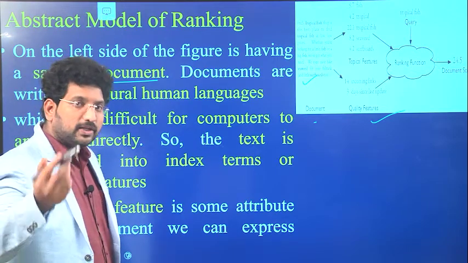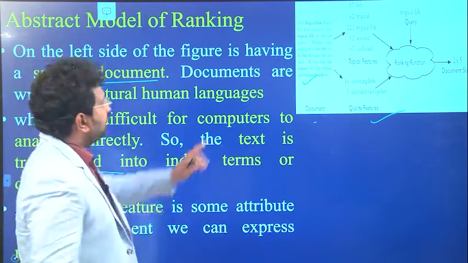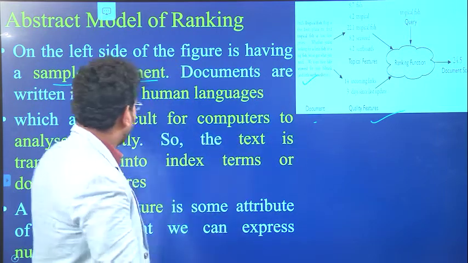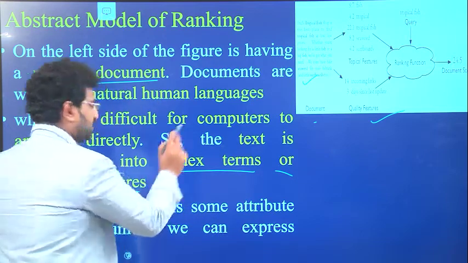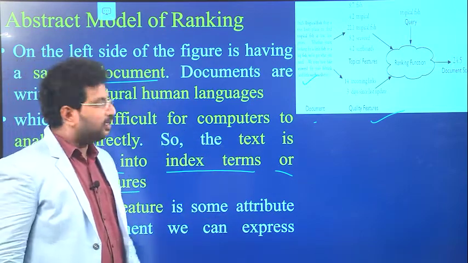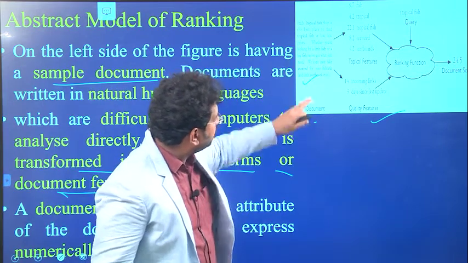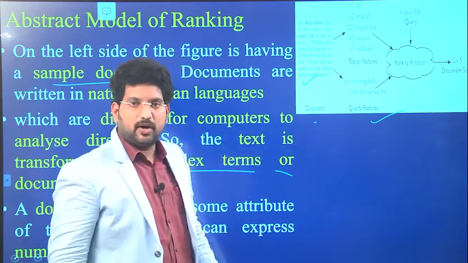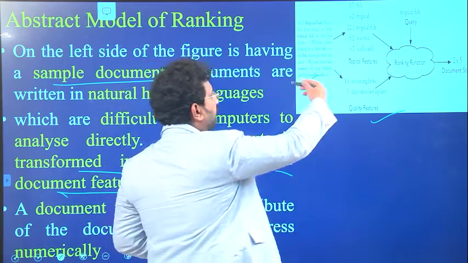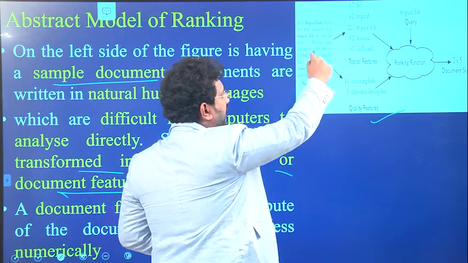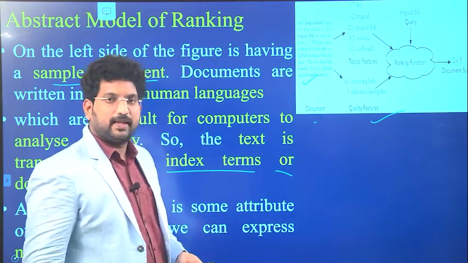So the text is transformed into index terms or document features. There are so many documents available in the World Wide Web. This is one of the sample documents, written in natural human language, which is understandable by human beings.